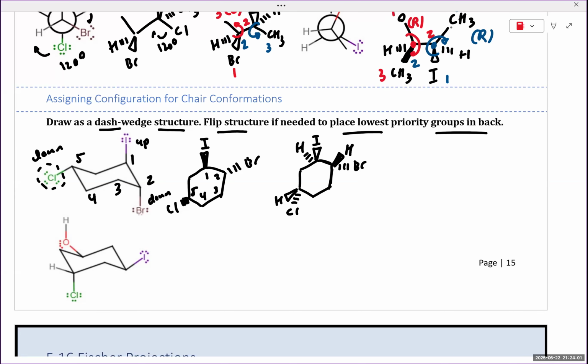So what we're going to do is flip this molecule horizontally 180 degrees. This gives us the following flipped depiction, which I'm going to redraw with a little bit more space over here.